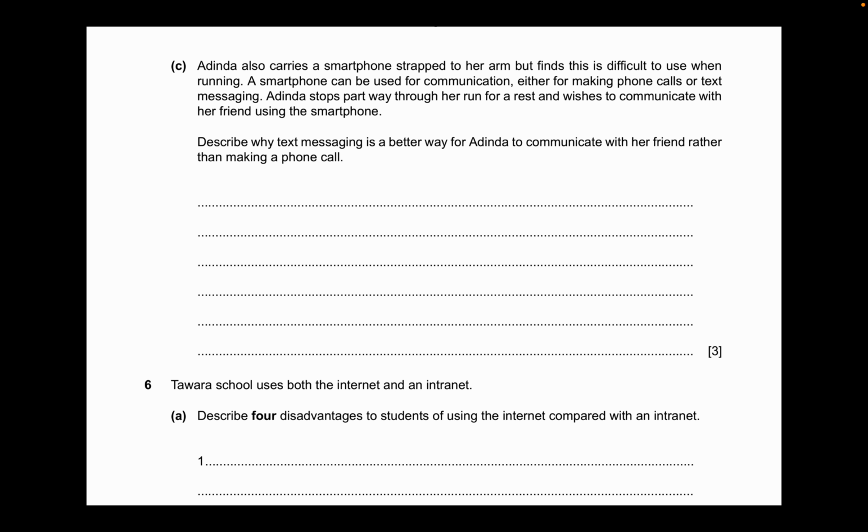So, you can say that she may be tired due to the running, so therefore she would be using text messaging. So this is more of an analysis based question. So she would be using text messaging than trying to talk.